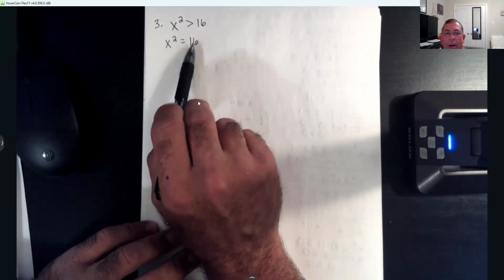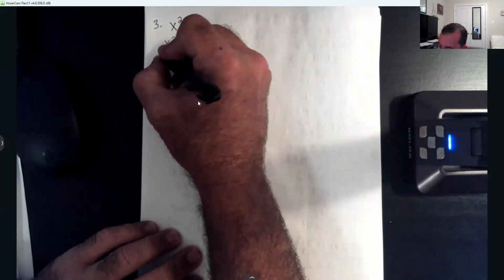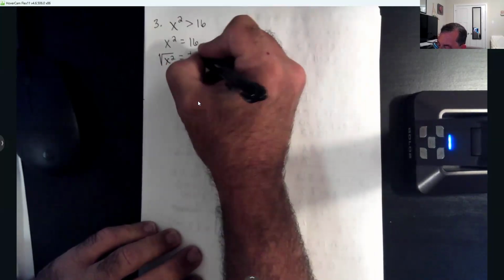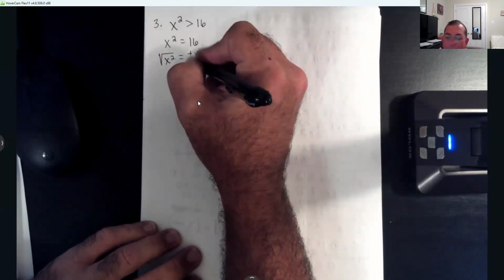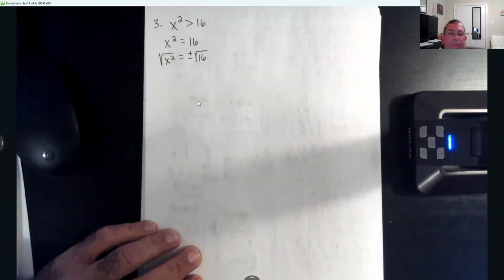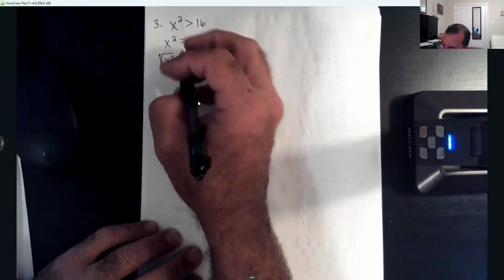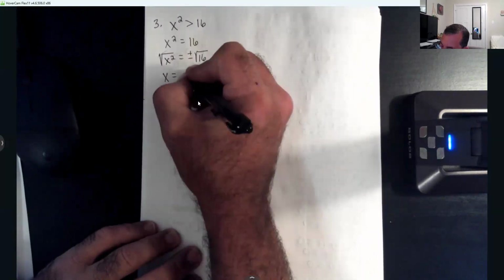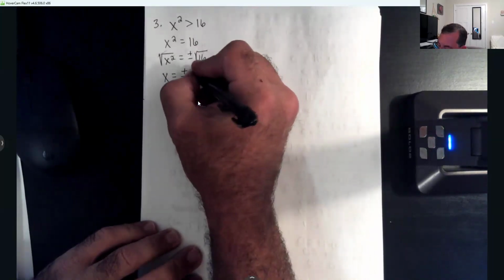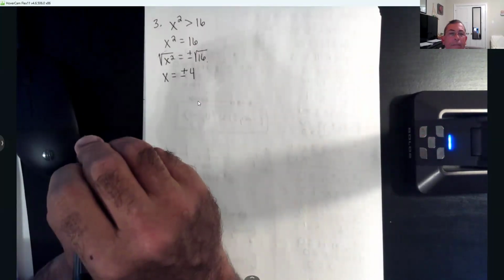If you got an x squared and a number, the easiest thing is to come in and do your square roots to both sides. But remember, on a number, you got to do a plus or minus square root of 16. So y'all, this cancels, giving me my x. That's going to be a plus or minus square root of 16, which is a 4.